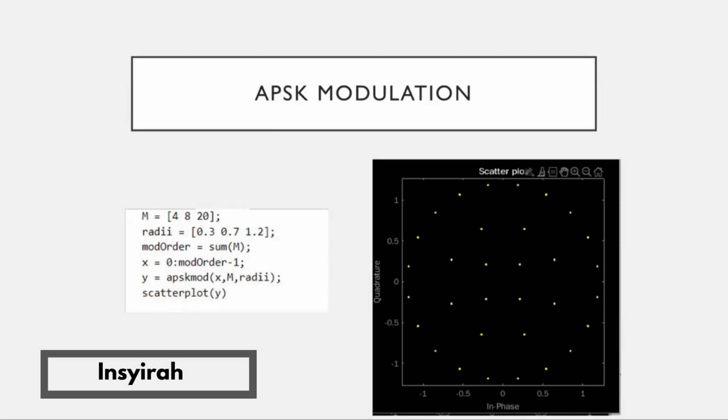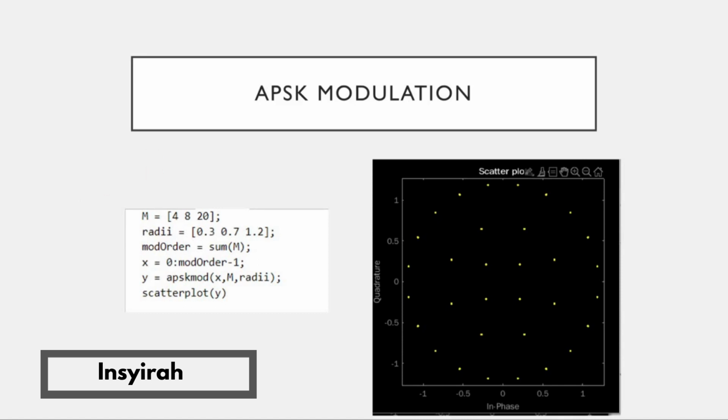Let us see the coding for APSK modulation and demodulation. Firstly, we will set the values of vectors or constellations for the modulation as m, and set the PSK ring radii as radii. In this case, we set 3 values for each parameter.